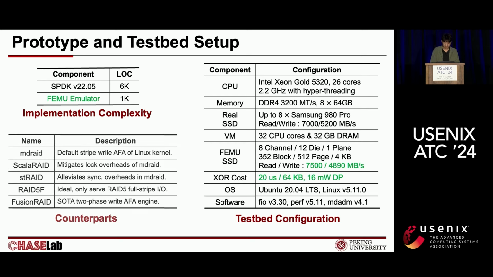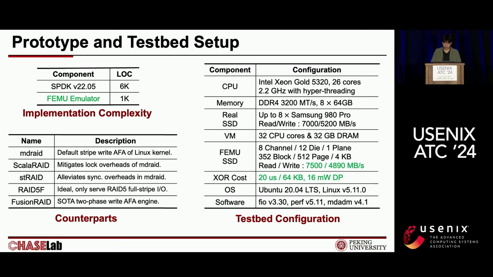We compare ScalaAFA with 5 SOTA popular AF engines, including both strip-write ones and two-phase-write ones. MD-RAID is the default strip-write AF engine in the Linux kernel. ScaleRAID and ST-RAID mitigate the software overhead of MD-RAID and thereby achieve higher performance. Raid5F is an incomplete strip-write AFA implementation in SPDK.